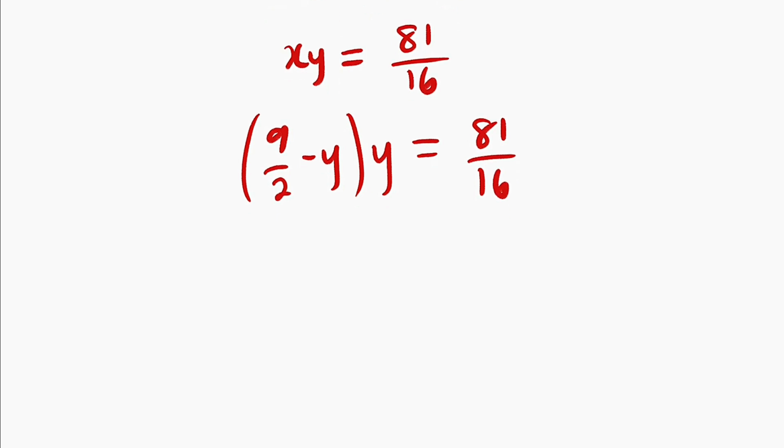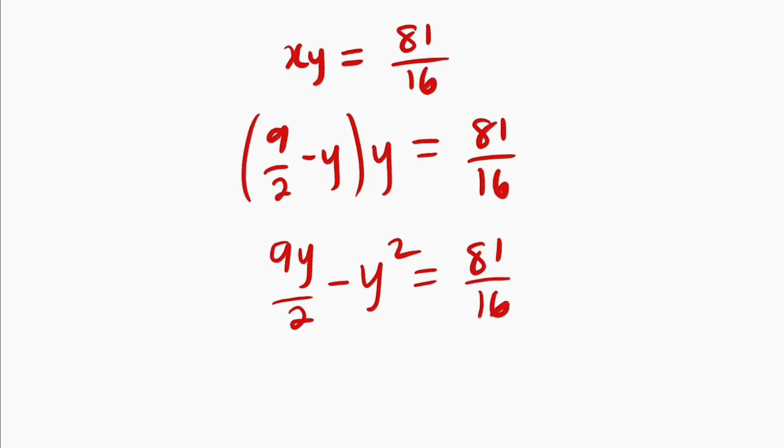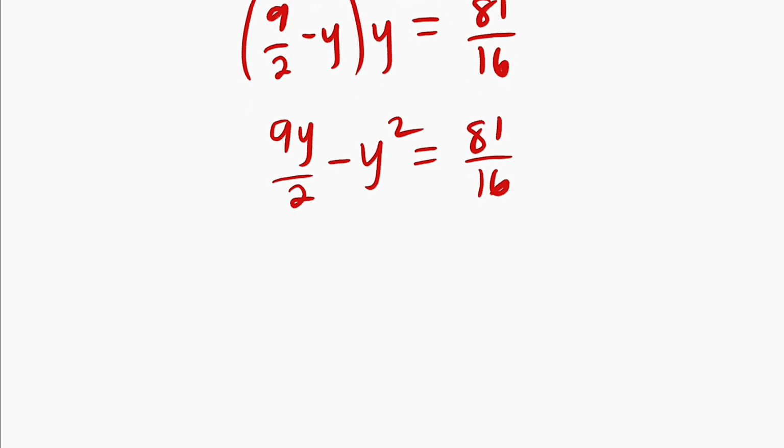Let us expand this parenthesis. We have 9y divided by 2 minus y squared. This is equal to 81 divided by 16. Let us rearrange this equation. If you arrange it, you have y squared minus 9y divided by 2 plus 81 divided by 16 equal to 0.